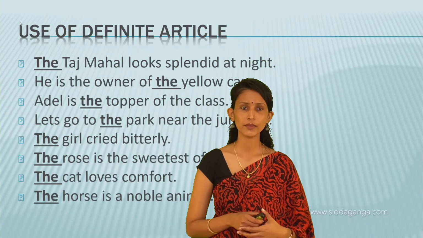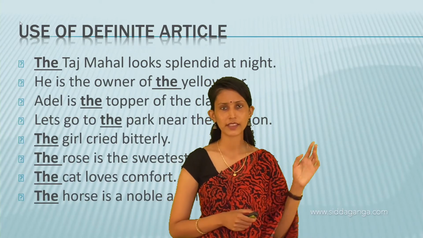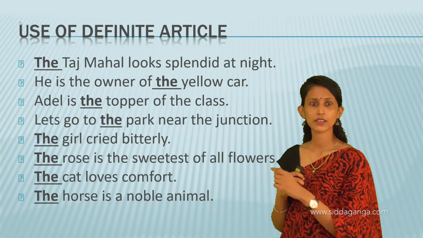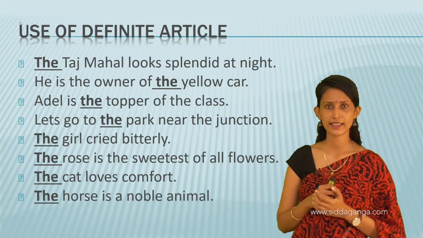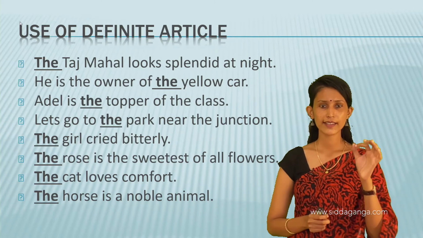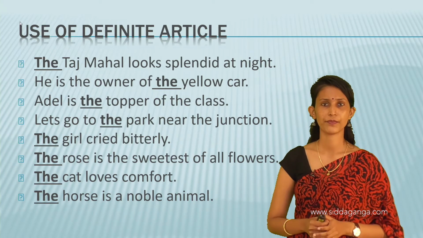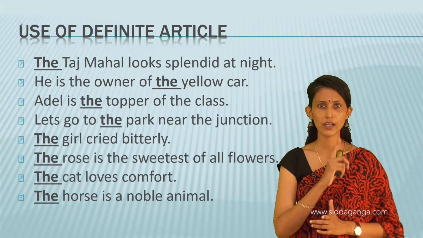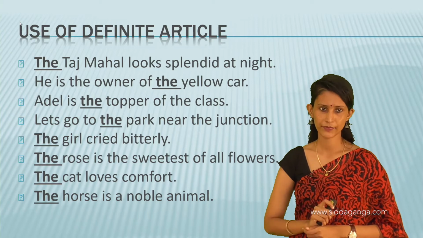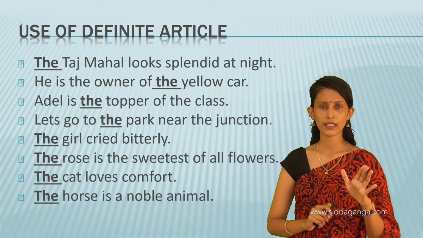Okay, moving on. See the examples that are laid down for you, alright. Now, the Taj Mahal looks splendid at night. Only one, so you use the. He is the owner of the yellow car. One particular owner. Adele is the topper of the class.